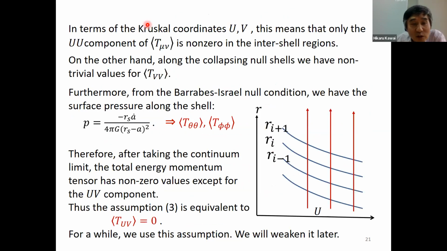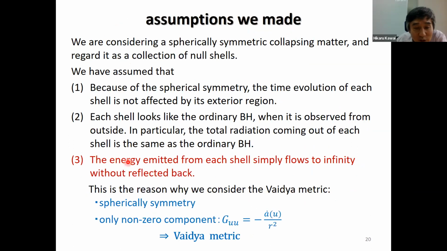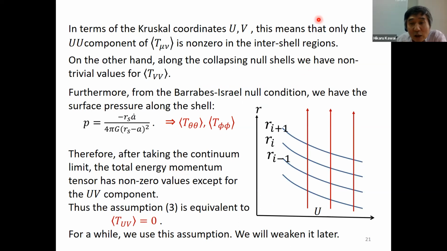So in terms of the null coordinates capital U and capital V, the third assumption means that only the UU component of T mu nu is non-zero in the inter-shell region, because we use the Weiser metric. The only non-zero component of the Weiser metric energy momentum tensor is just T_UU. So inside the shell, we have just T_UU.